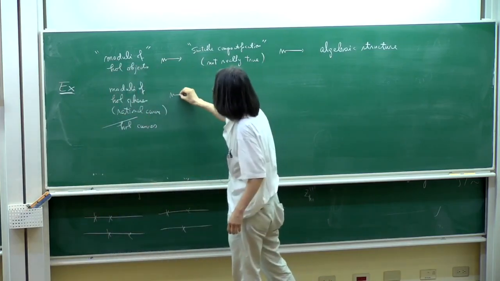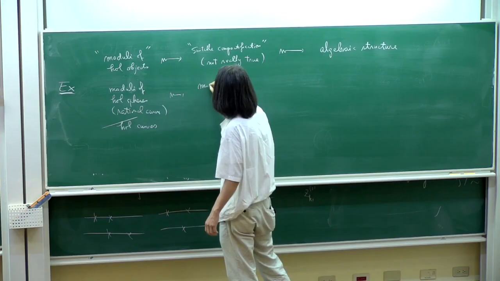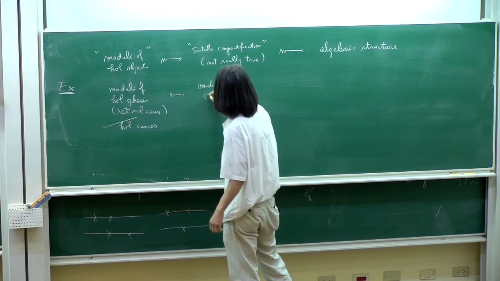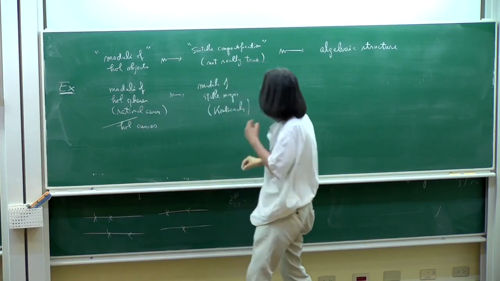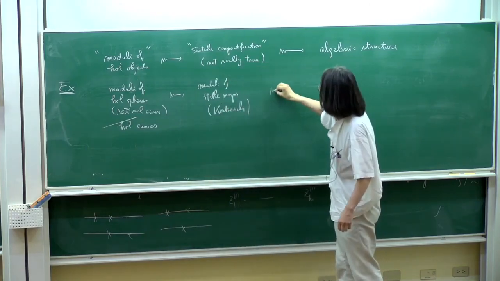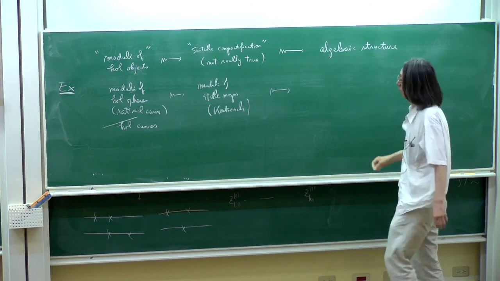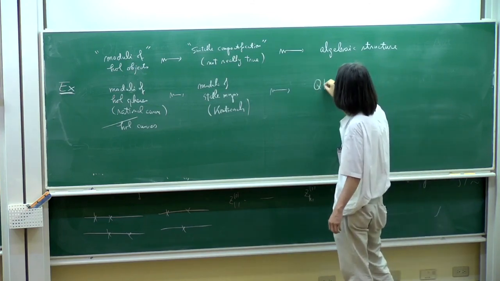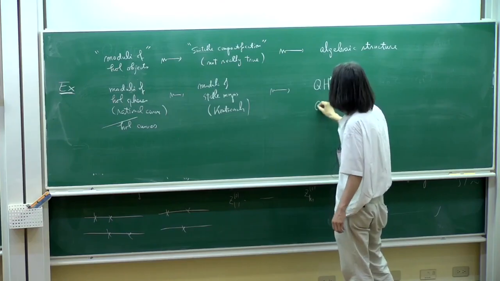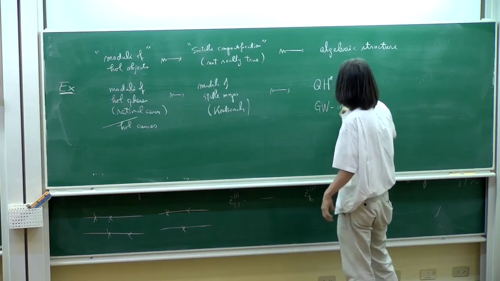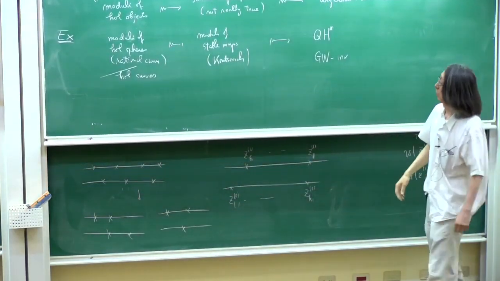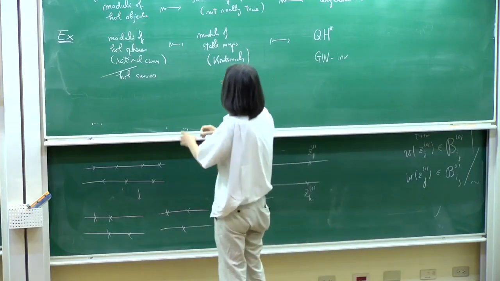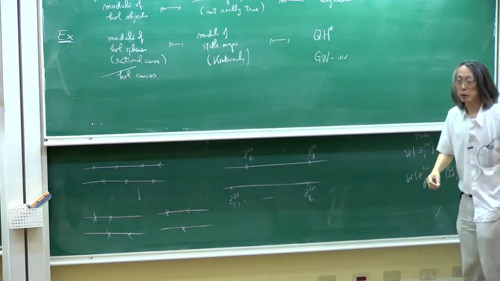And then here we consider the moduli space of stable maps in the sense of Kontsevich. And then from here you get a bunch of things. Maybe you have quantum cohomology, or Gromov-Witten invariants. And Gromov-Witten invariants satisfy certain axioms, right?